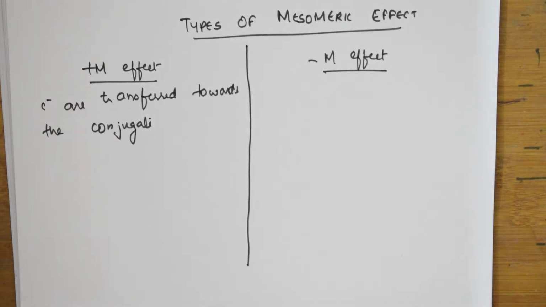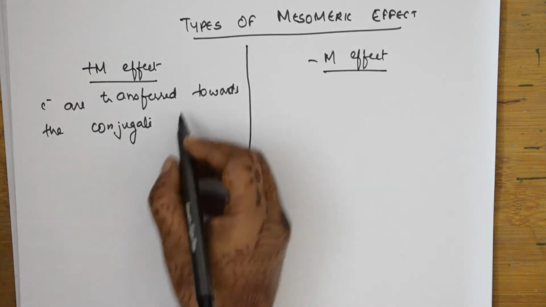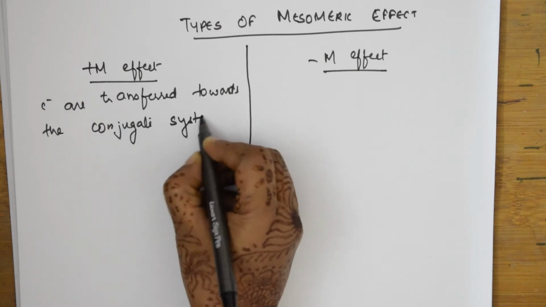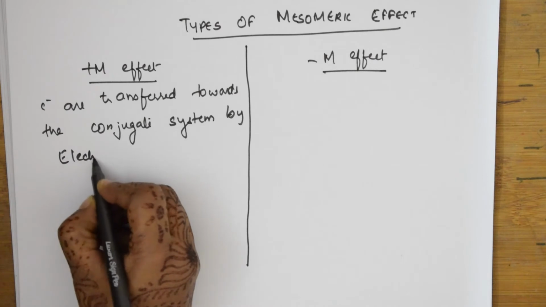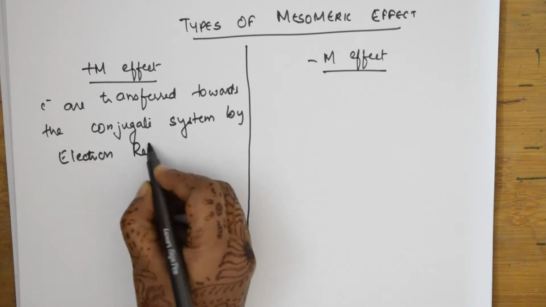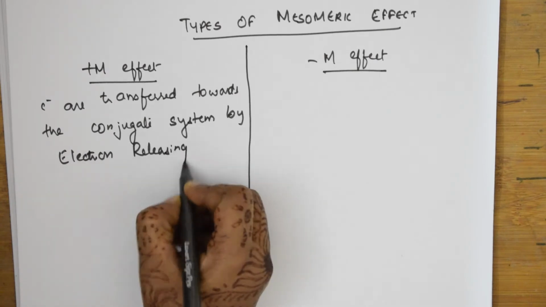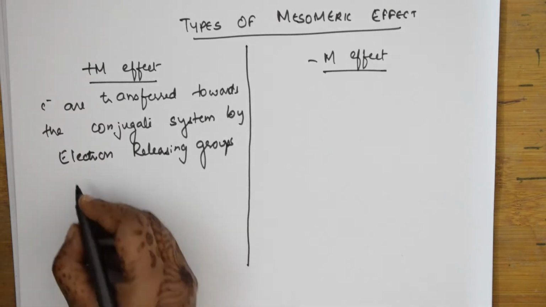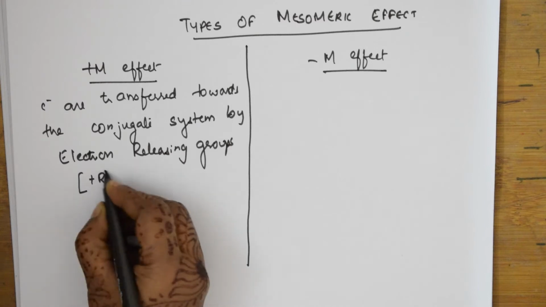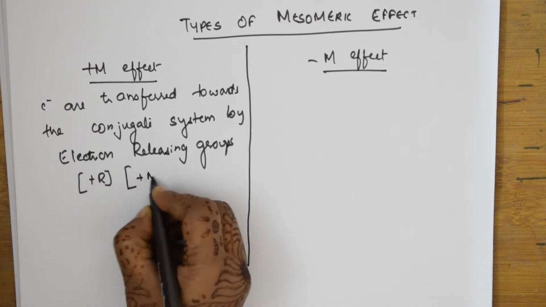This is alternate sigma and pi bond, isn't it? Towards the conjugate system by electron releasing groups. Okay, those are called plus R groups or plus M groups.